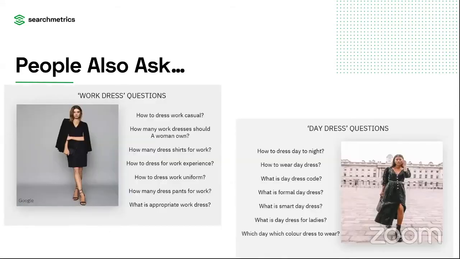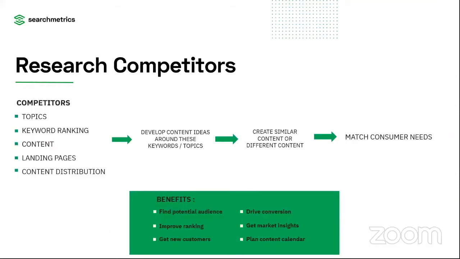Once you have looked at your target audience, you will then look at the competitors. That means looking at the type of topics and the type of content the competitors are discussing. Once you have gathered information about your competitors, it's your time to develop some content ideas around this keyword or topic.